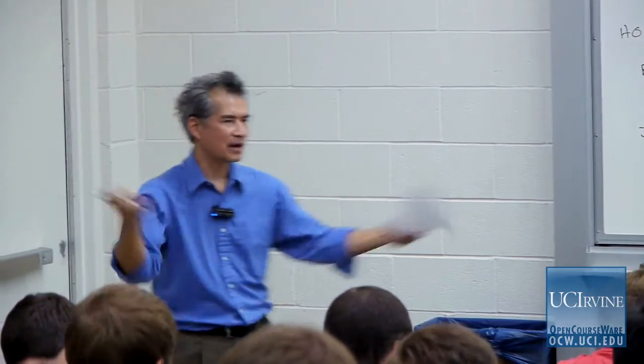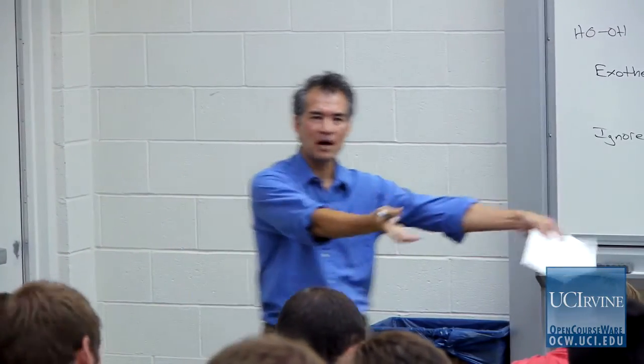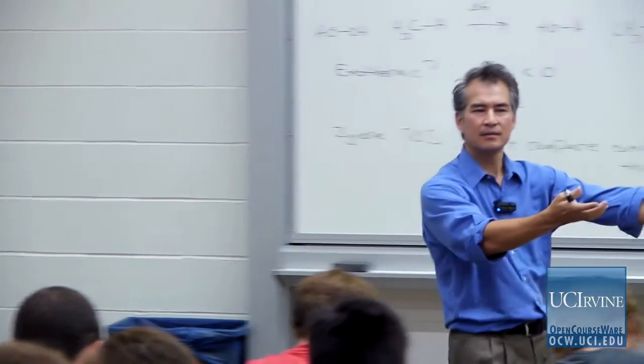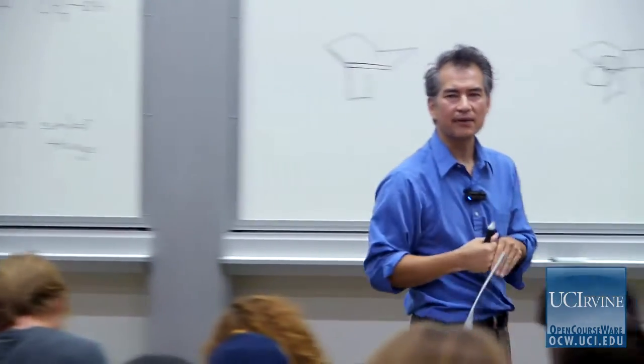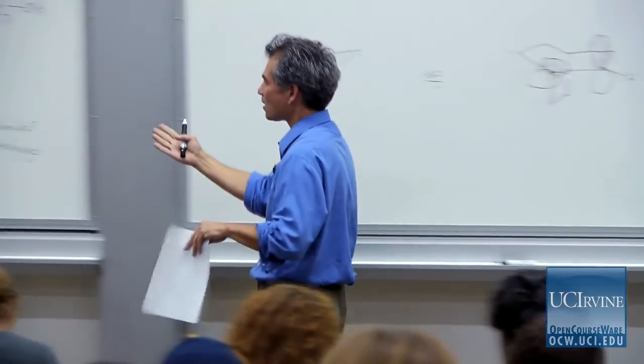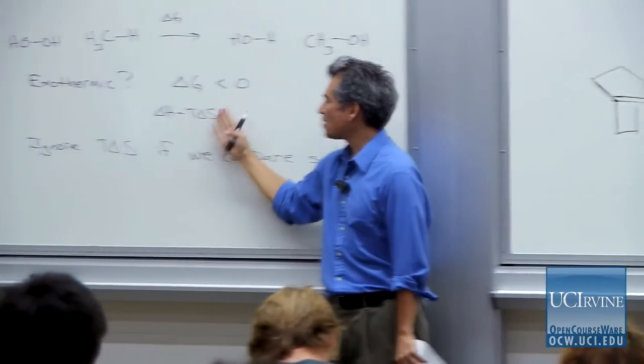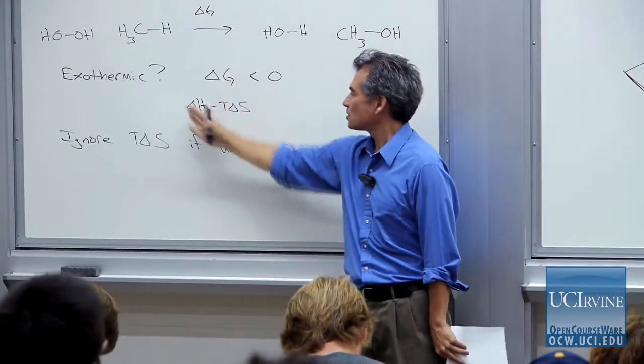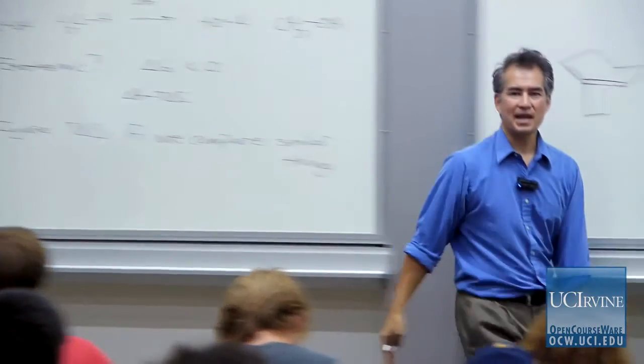If I have reactions where I have two molecules reacting and I get two molecules out as products, that's kind of similar in terms of molecularity. So as long as I'm really careful to compare similar things, I can ignore this entropic part of free energy, and we can just focus on solving this delta H part, the enthalpy.